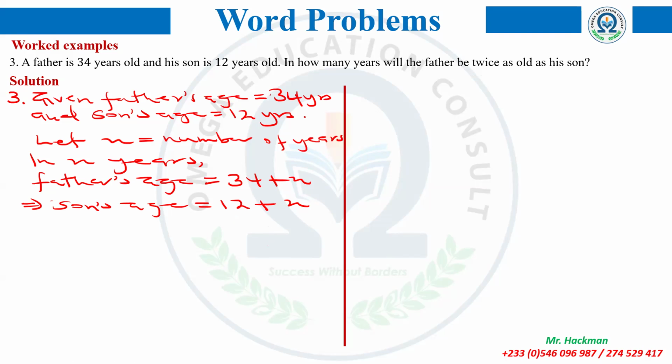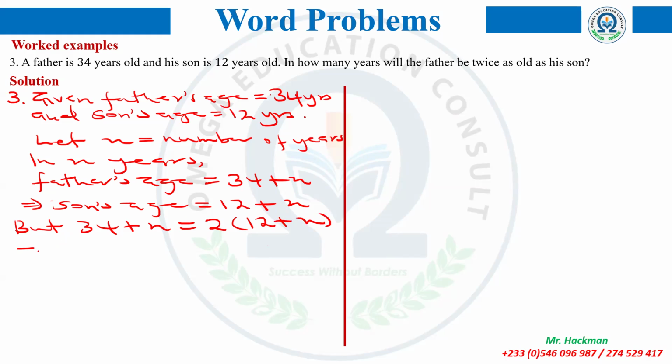Now I'm going to form the relation, knowing that I know the ages that I'm supposed to connect. The father's age, which is 34 plus x, should be equal to twice the son's age. So it will be 2 times the son's age, and since it is a two-term age, you put it in brackets.